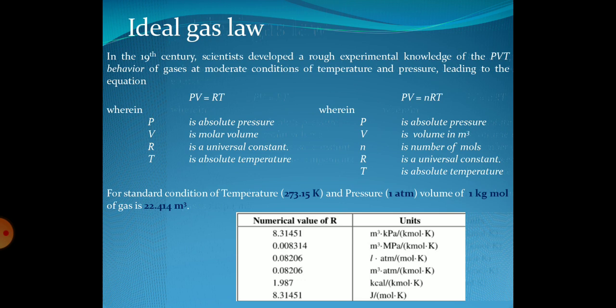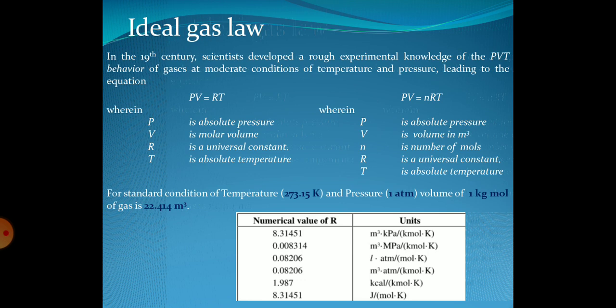This suggests that while using this value of R as 8.31451, our volume must be in meter cube, our pressure must be in kilopascal, n, that is number of moles, must be in kilomole and temperature must be in Kelvin.